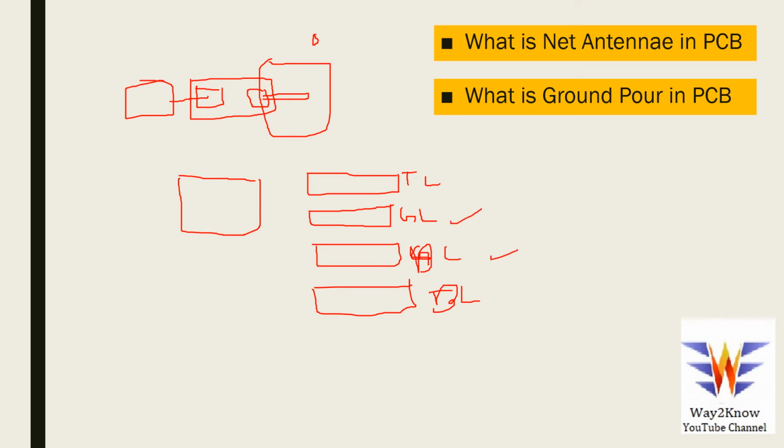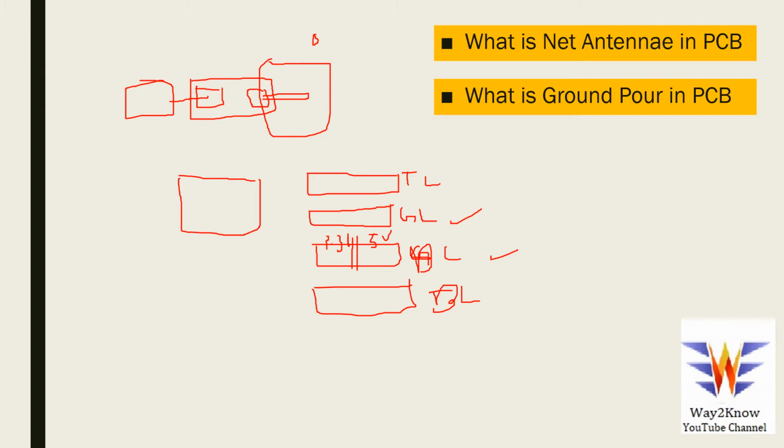Now let us assume a scenario where there are two different power planes. One is 3.3 volts, for example, and one is 5 volts. Okay, so that means there is a split between these two planes here.